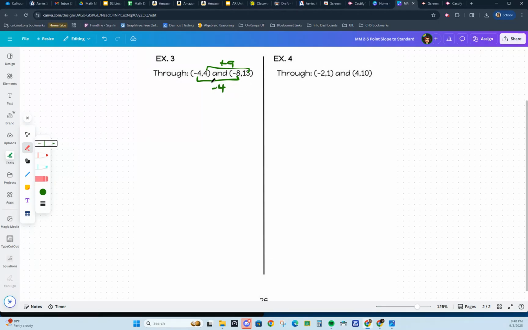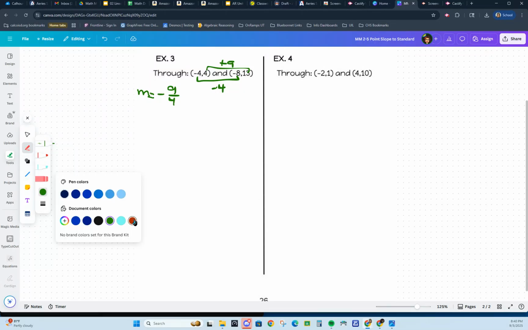Because negative 4 to negative 8, we're going to the left on the x-axis, going down in value. So our slope is going to be negative 9 over 4. Okay? So remember, it's okay to make mistakes. And I'm sure y'all are going to let me know which ones I made when I get there. Okay? So we're all good.